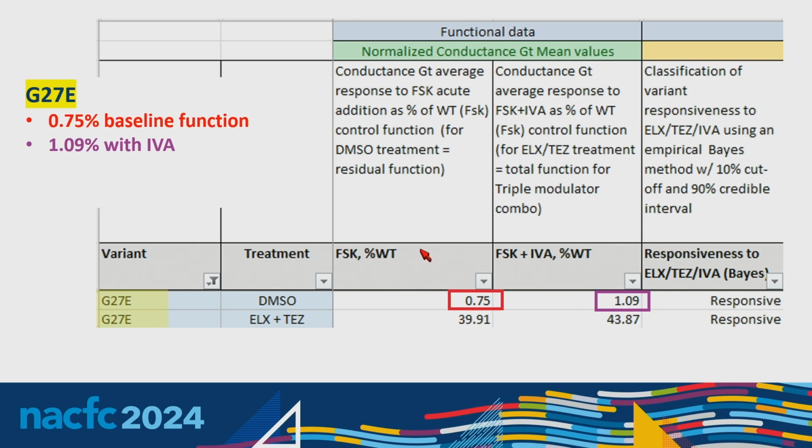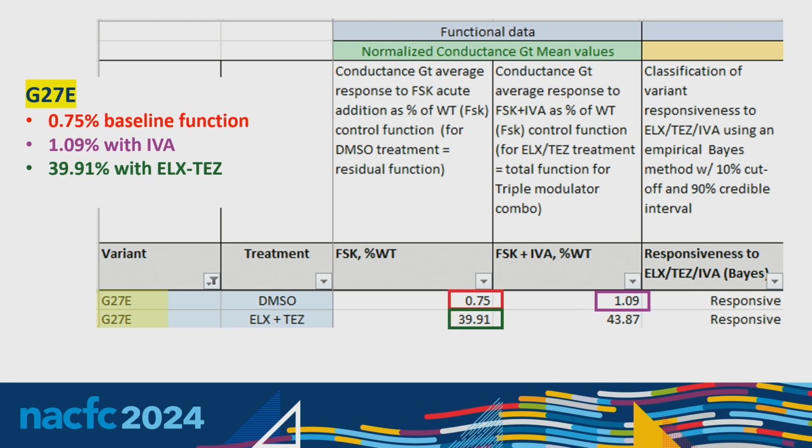That's how we activate CFTR, so we can measure its function when we then inhibit it. So forskolin response as a % of wild type, that's your baseline. And here's forskolin plus ivacaftor in the experiment as a % of wild type. So we start at 0.75 baseline function. You add ivacaftor, you go up to 1. I would guess if I pulled the error bars from this, it is probably not statistically significant, maybe a teeny tiny bump, but I'm guessing not.